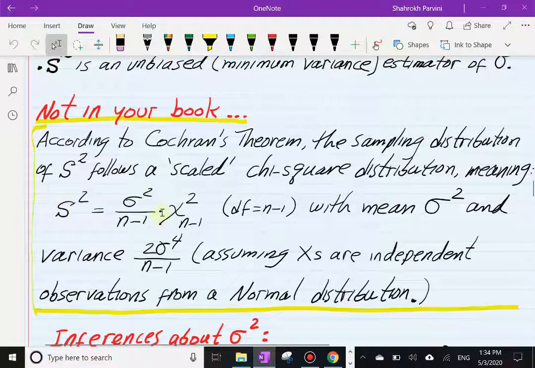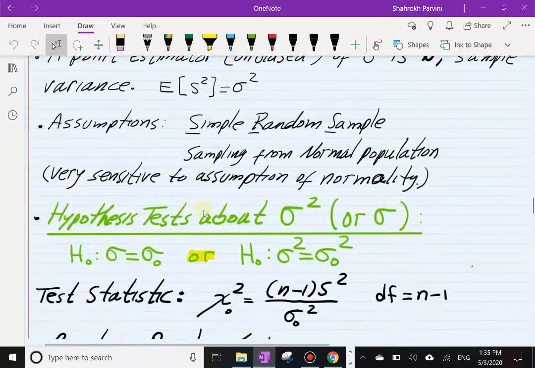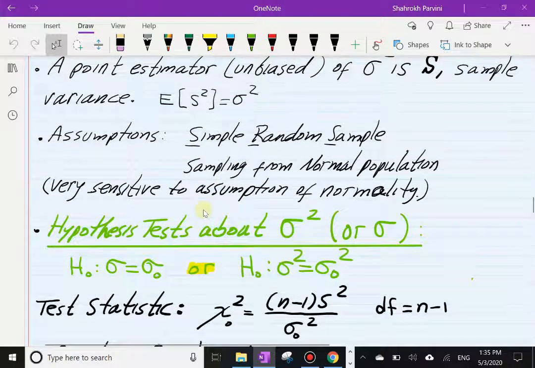In this statement, if you multiply both sides by n minus 1 divided by sigma squared, you lose it here. You have n minus 1 here, divided by sigma squared here, so you don't have anything left. And you get the chi-squared, which is exactly what the author has. Okay.